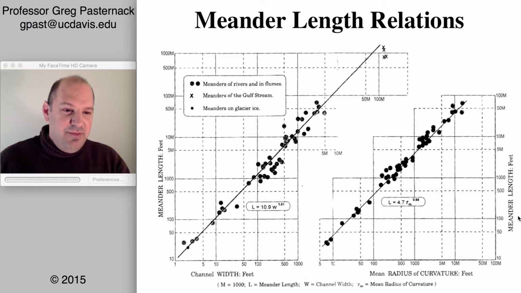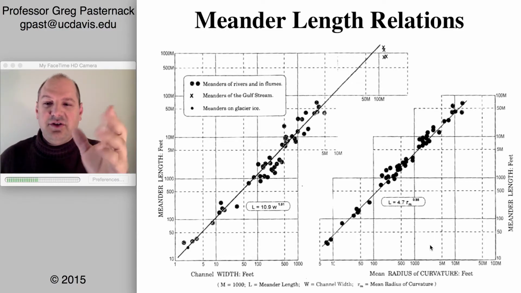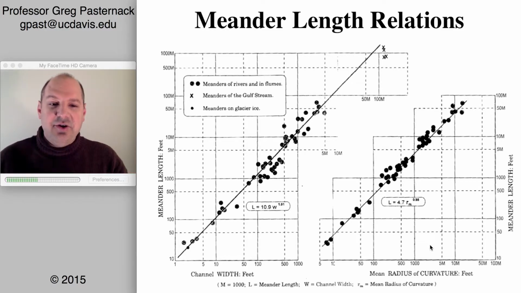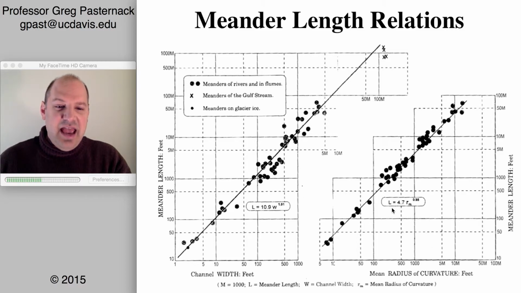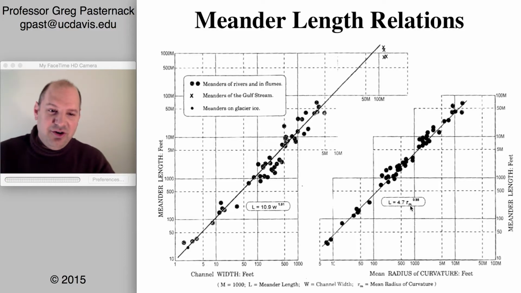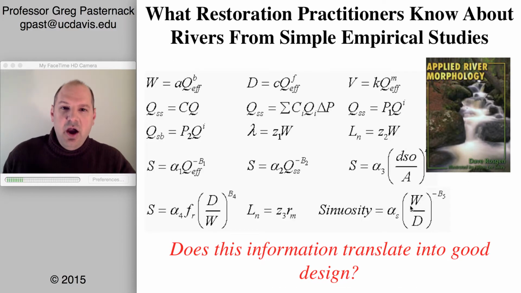Similarly here, meander length is related to the radius of curvature. So how tight is a meander bend, and basically saying that that equals 5 times the radius of curvature. Okay, so I've just blasted through a whole lot of empirical relationships between flows and patterns in rivers in terms of primarily cross sections and planform patterns.